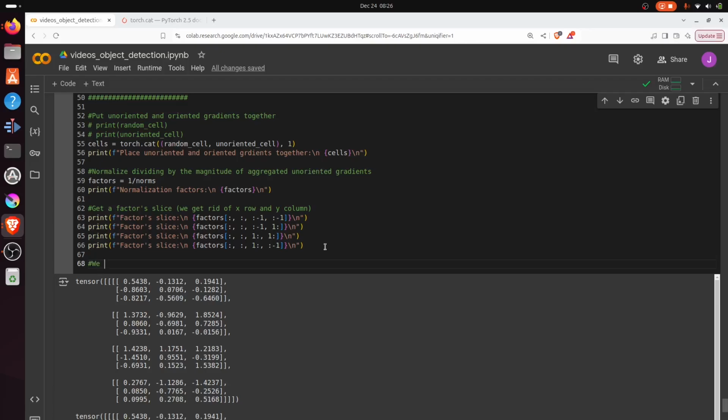So we are going to assume that each cell contributes equally to the overlapping blocks, and we are going to use this half as a heuristic factor.